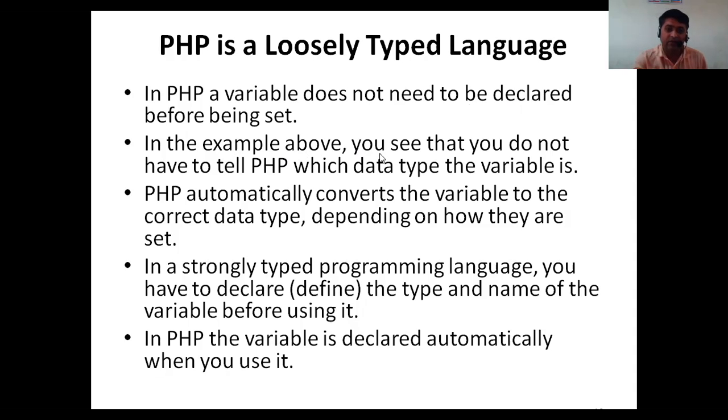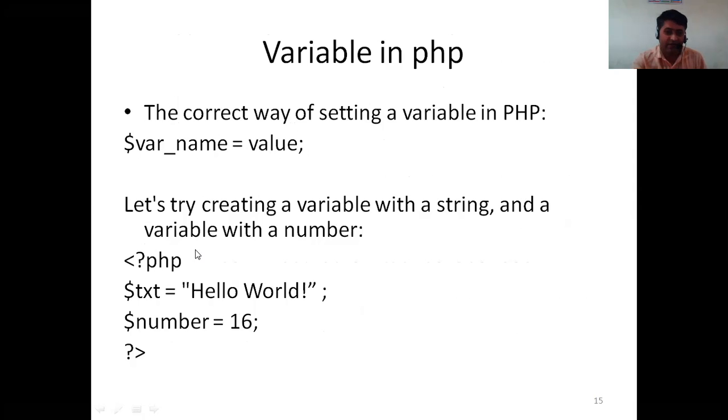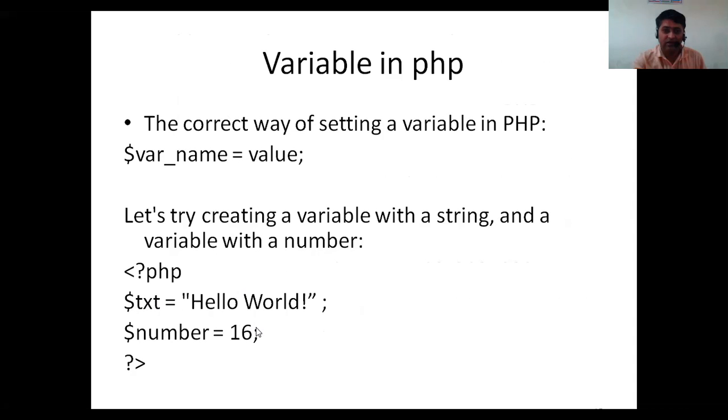In the example above, you have seen that you do not have to tell PHP what data type the variable is. For example, here we have declared this variable $txt as Hello world. Here we do not write down the data type of the variable.